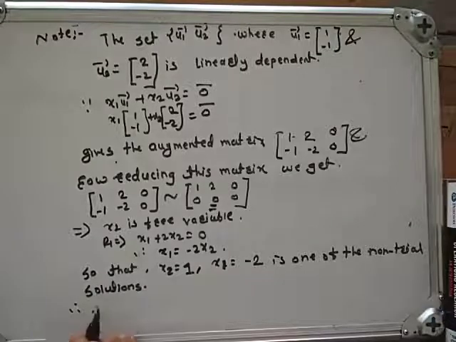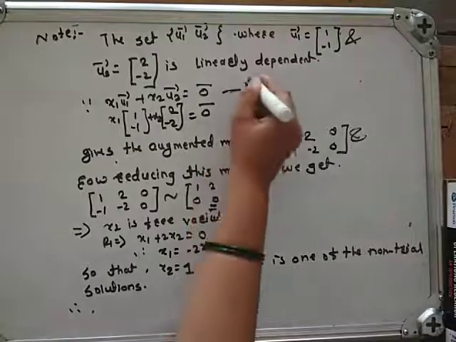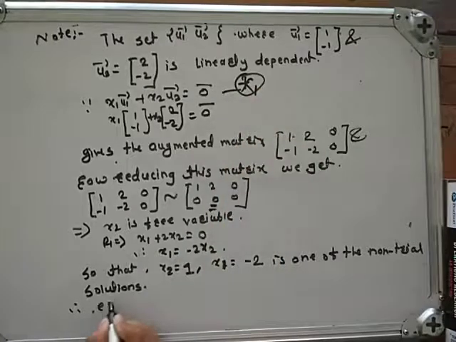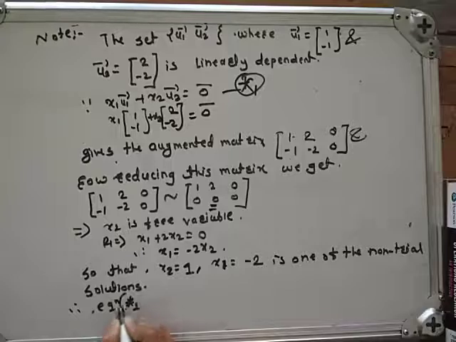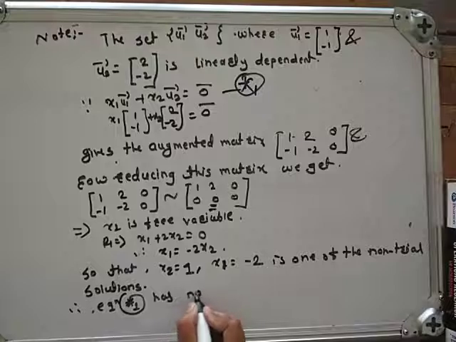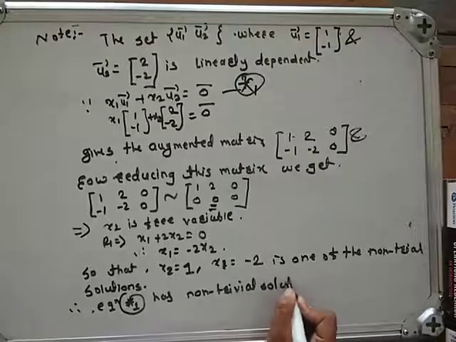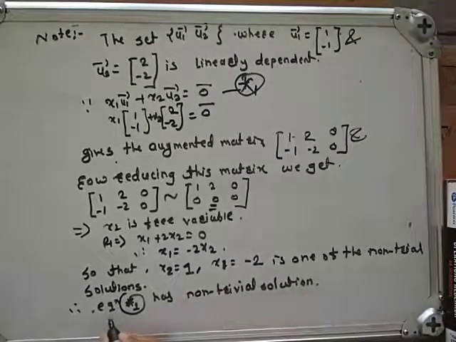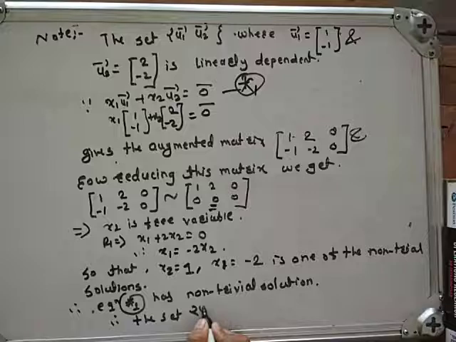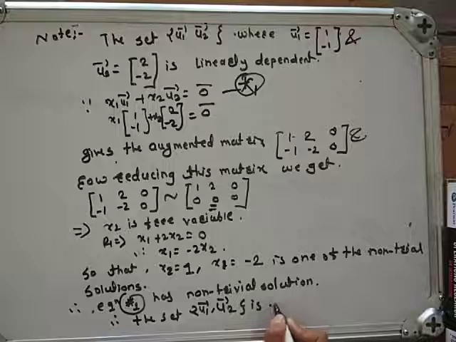Therefore, this equation, say star 1, has a non-trivial solution. Therefore, the set u1 bar, u2 bar is linearly dependent.